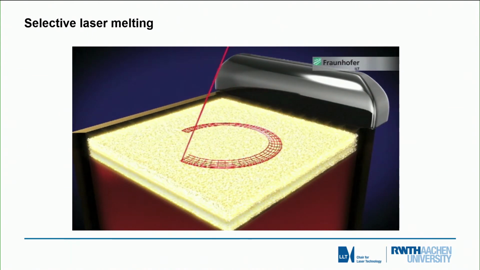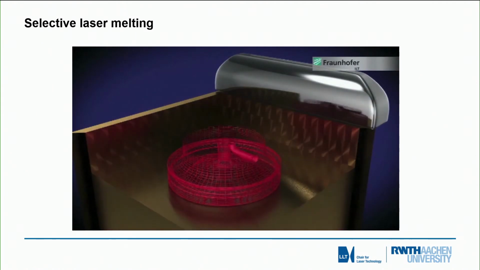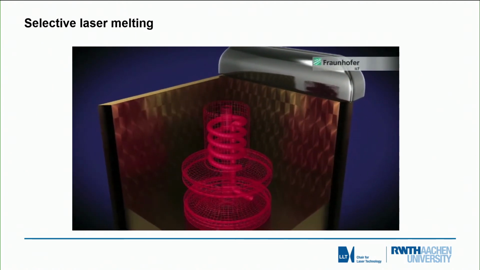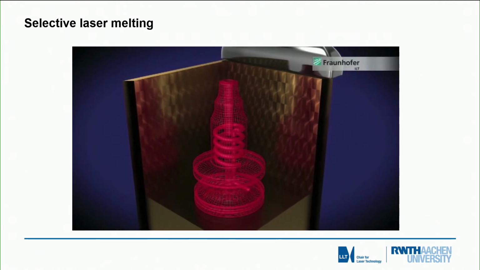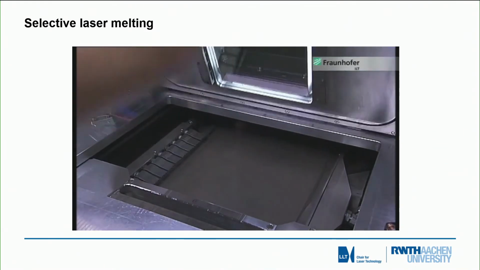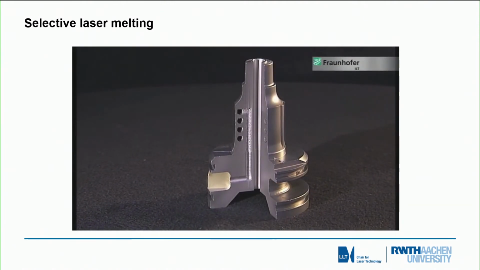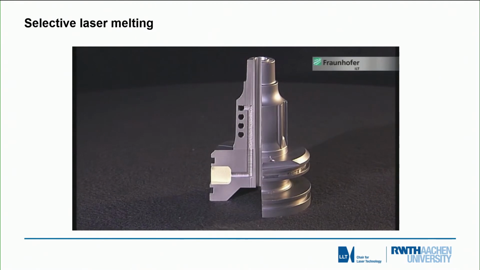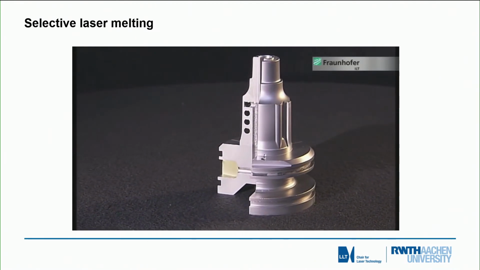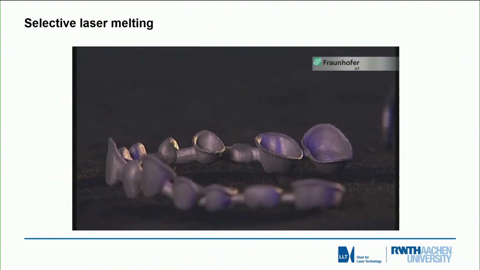Then comes the next layer of powder, next illumination, and layer by layer, in this case here it's a conformal cooling component of an injection mold tool which is produced, and then we take away the powder which has not been used, by the way, which is regenerated and reused.